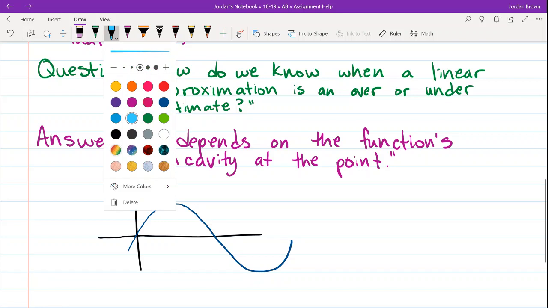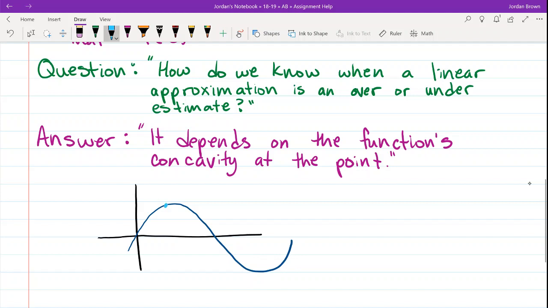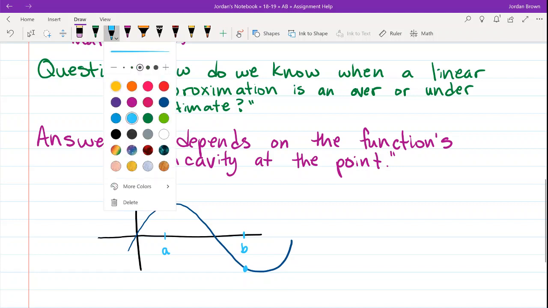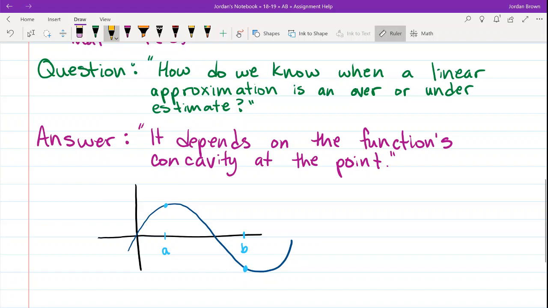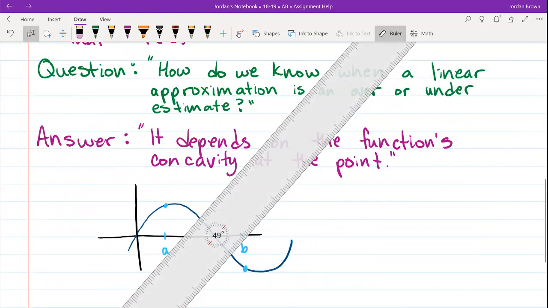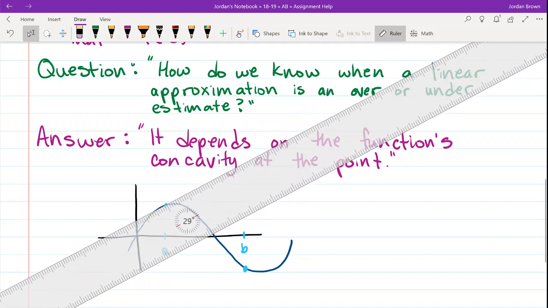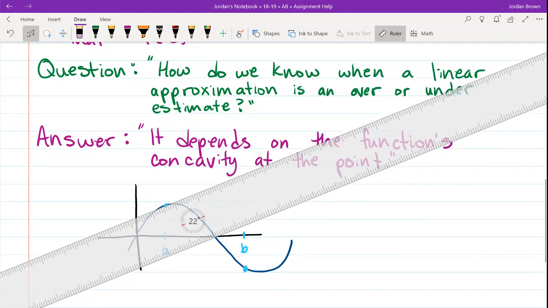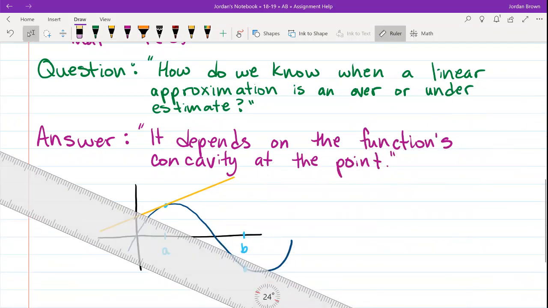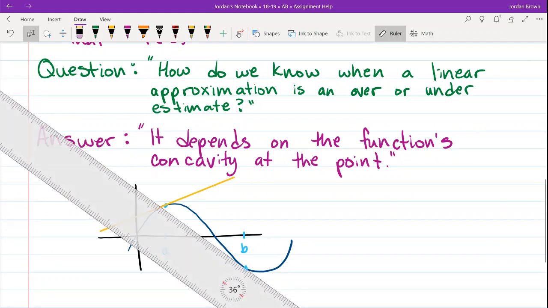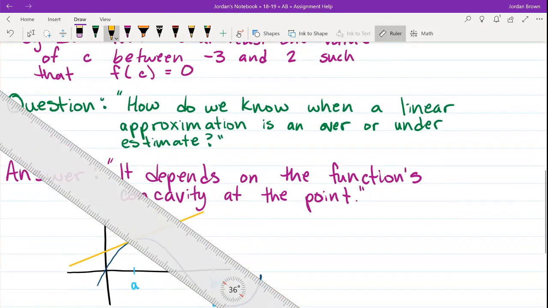And if we take a point here, let's call it A, versus a point here, which is point B. The linear approximation at A will be something like this, versus the linear approximation at B being something like that.